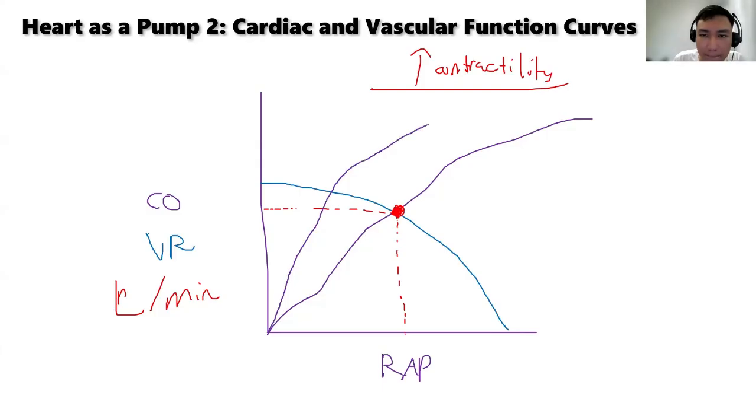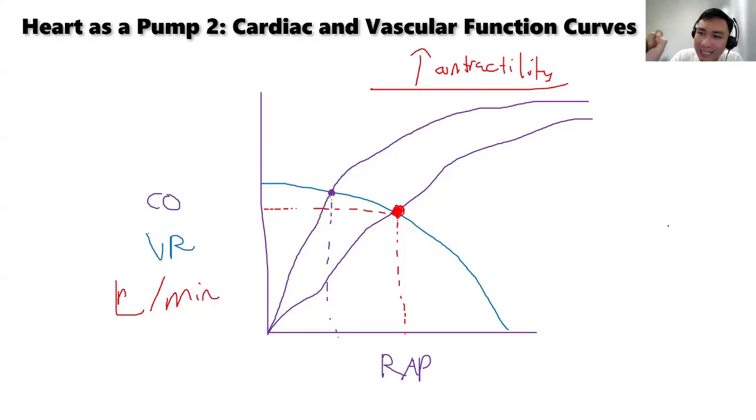Tingnan niya, so nag-increase. So, look at what happened to our equilibrium point. Our equilibrium point, okay, is now here. What happened? Kung in-increase mo yung contractility mo, therefore, at a particular right atrial pressure, nag-increase din yung cardiac output mo.